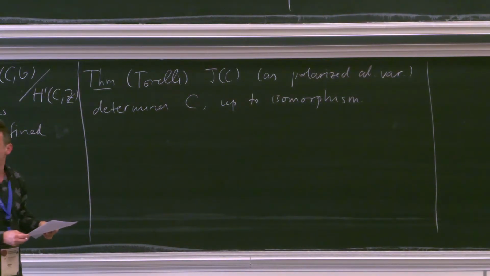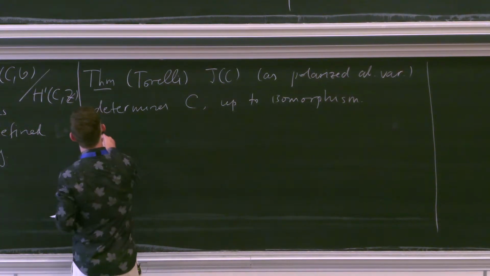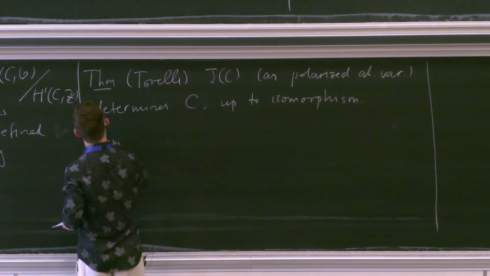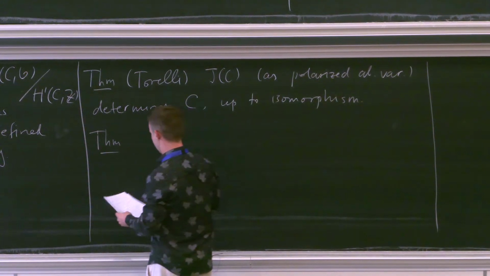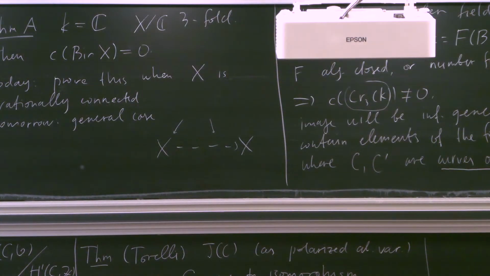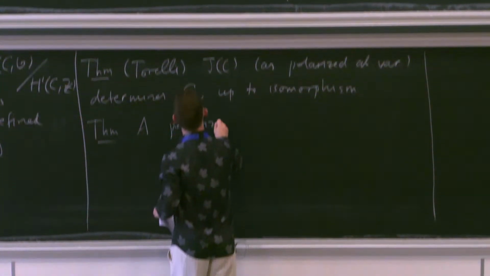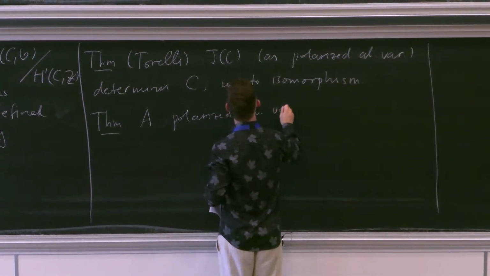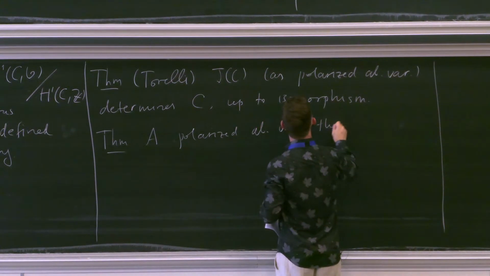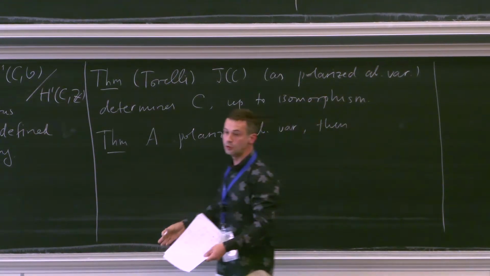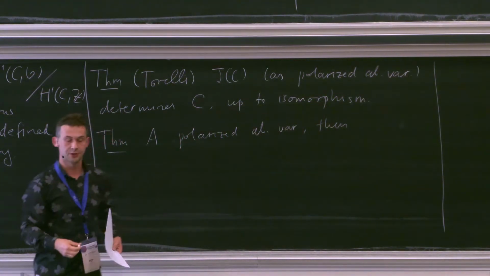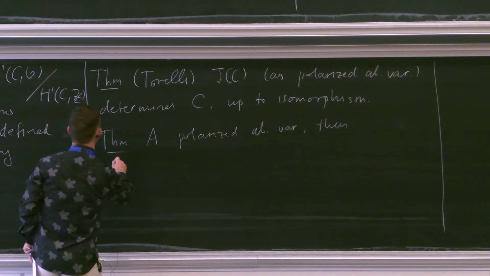Another thing we'll be using is the uniqueness of decomposition for these abelian varieties. So if A is now an arbitrarily polarized abelian variety, then you can decompose it uniquely into indecomposable factors. Both things are important for us.